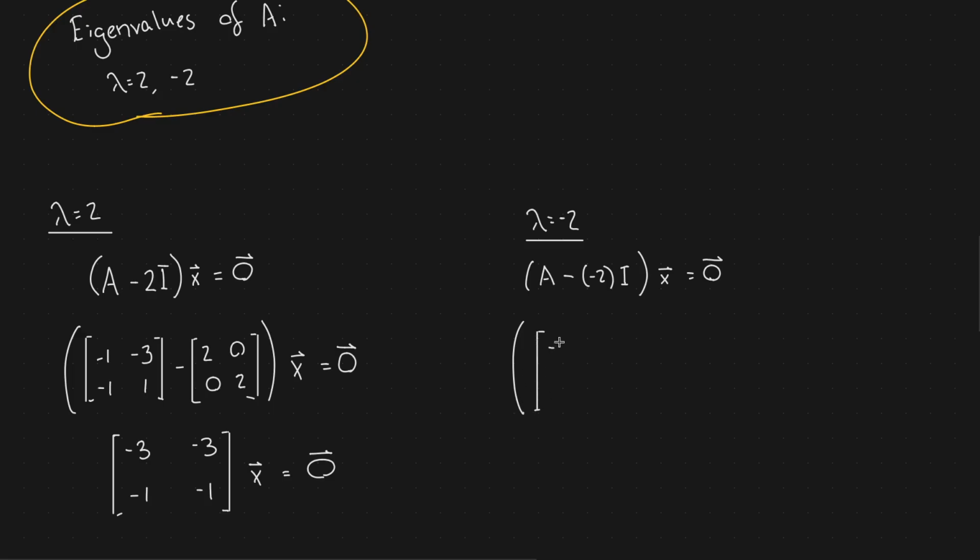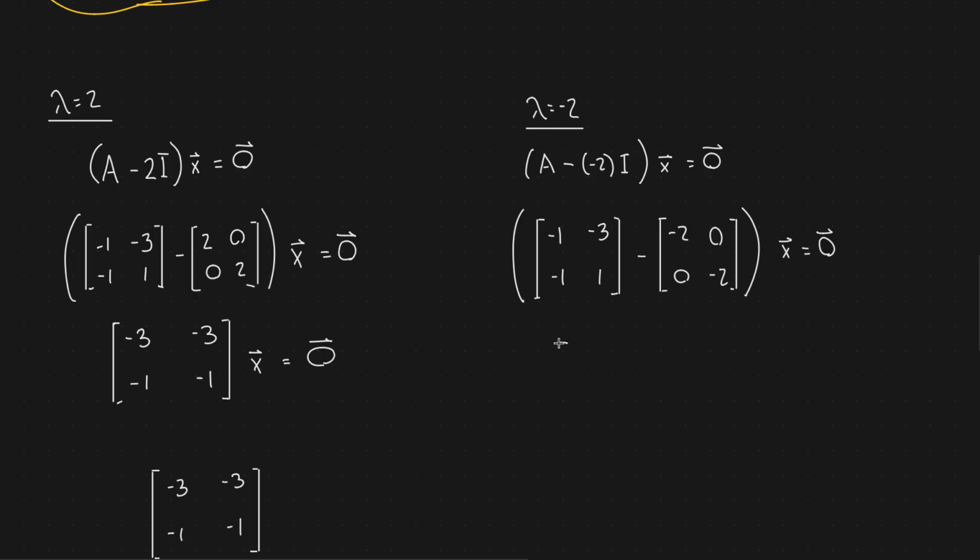So matrix A is negative 1, negative 3, negative 1, 1. Negative 2 times I is negative 2 down the main diagonal, zeros everywhere else. And so if I do the matrix subtraction, negative 1 minus negative 2, that's what? Negative 1 plus 2, that's 1. Negative 3, negative 1, and then 1 minus negative 2 is 3.